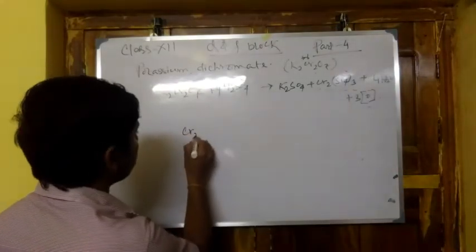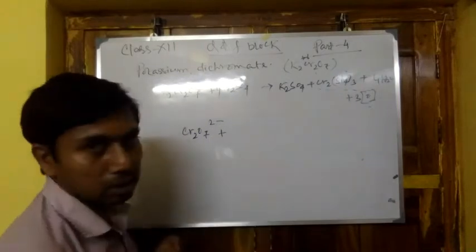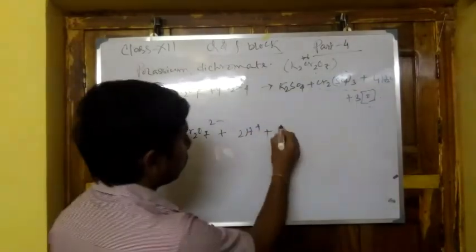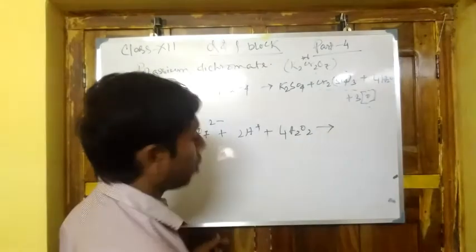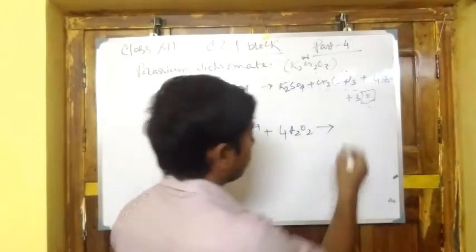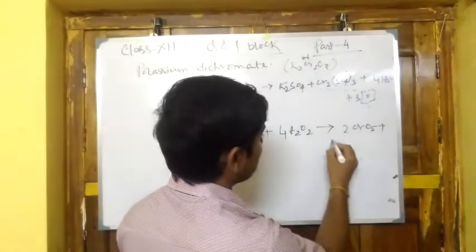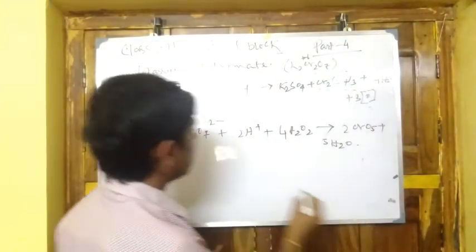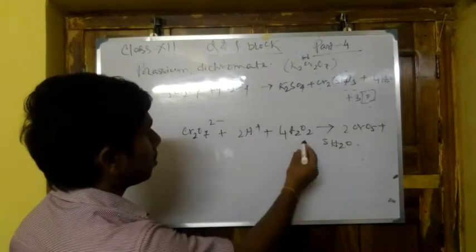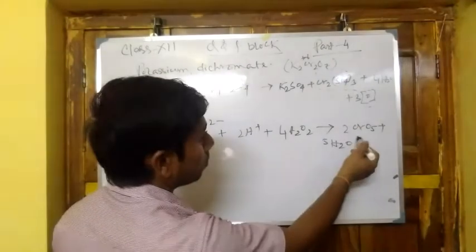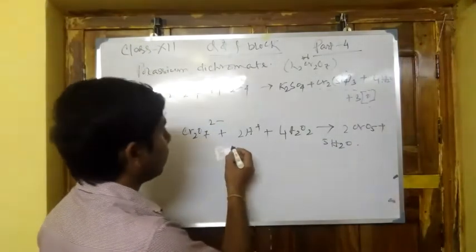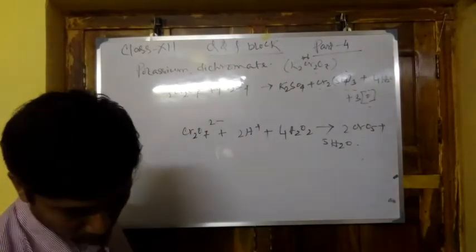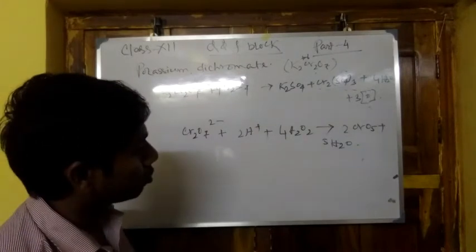The reaction is Cr2O7 2 minus plus, in acid medium, 2H plus, here HCl will be used, plus 4H2O2, forming 2CrO5 plus 5H2O. The balanced equation will be Cr2O7 2 minus plus 2H plus plus 4H2O2 gives 2CrO5 plus 5H2O.